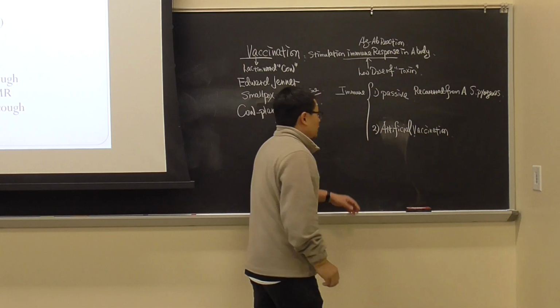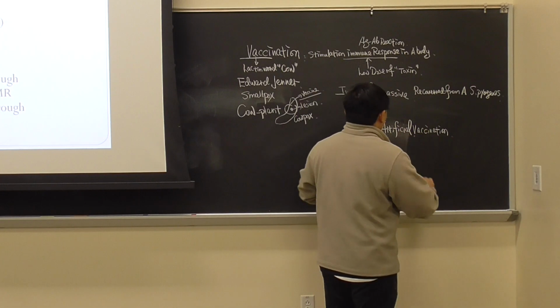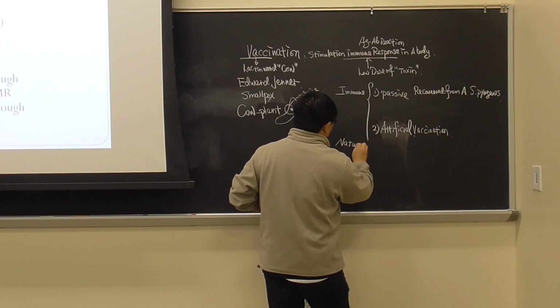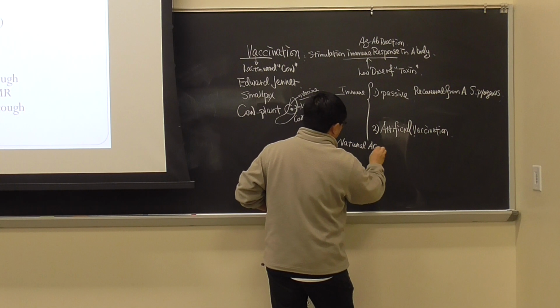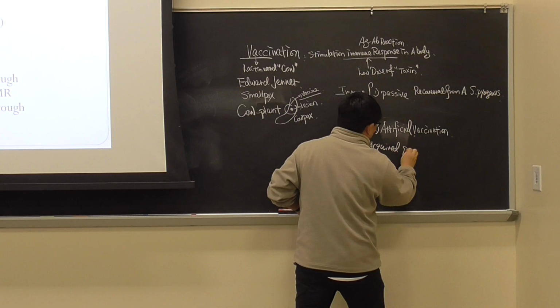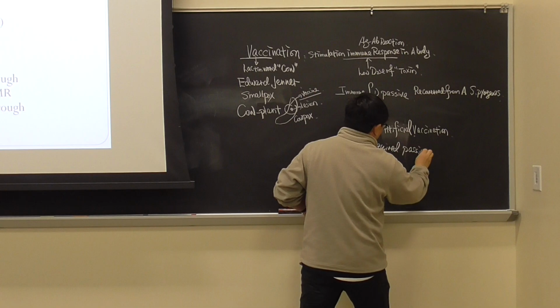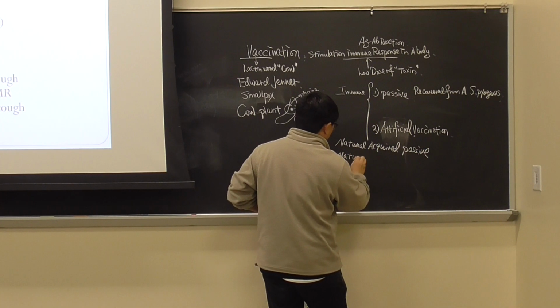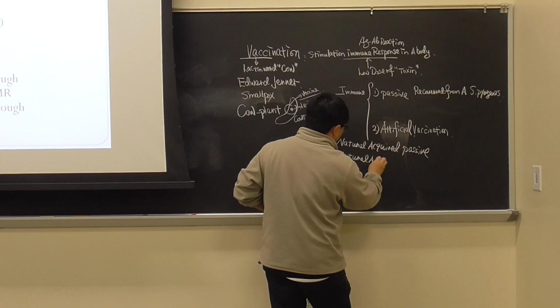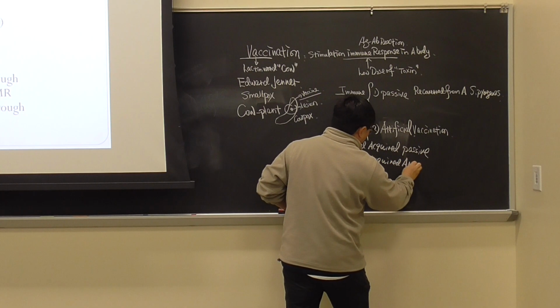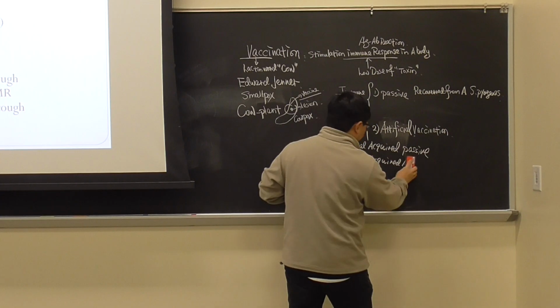So what we can do is categorize, okay? We can have a natural acquired passive immune. Then we have a natural acquired active immune.